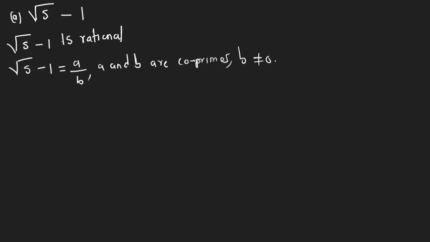Simple steps like that. And then I'll say root of 5 is going to equal a over b plus 1. So root of 5 is going to equal a plus b over b. Now this one is very simple. You don't even have to go far.